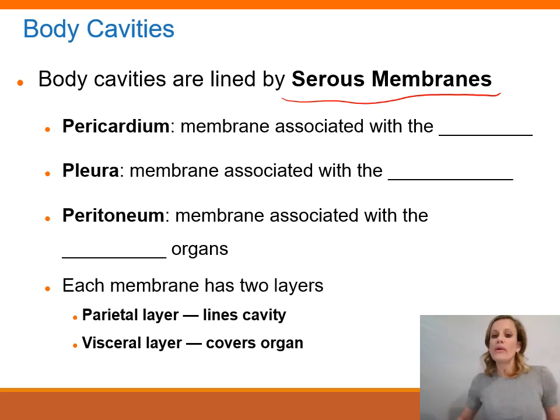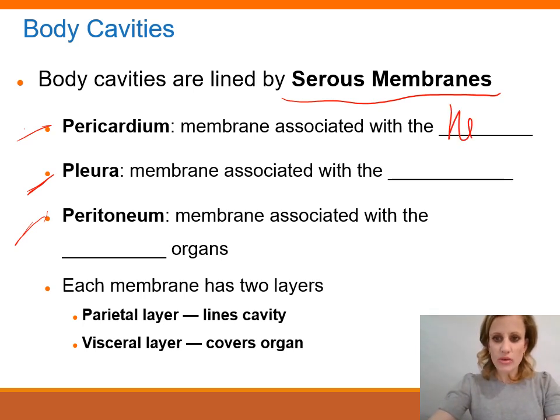Now, when we look at these membranes, there are different serous membranes lining each of the cavities and associated with each of the organs. The three serous membranes that we'll look at are the pericardium, the pleura, and the peritoneum. The pericardium is the membrane that's associated with the heart.